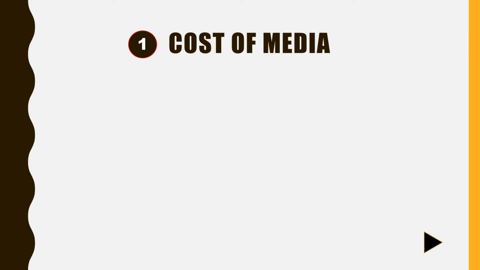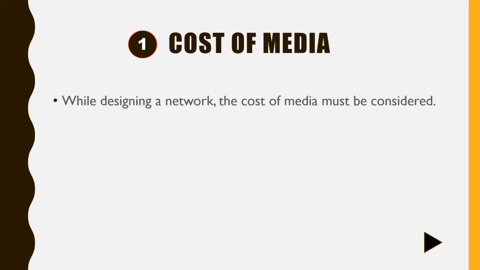It is the network designer's work to decide the cost of media, for example whether we are going to install wireless media. Depending on our installation, the cost of media will be considered. While designing a network, the cost of media must be considered. This is the work of network design.